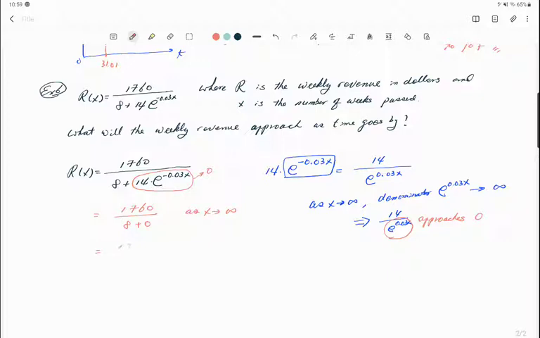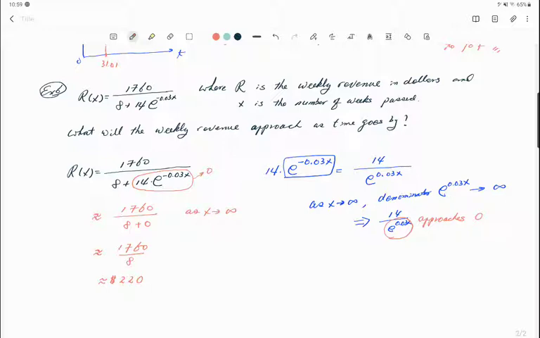So that is equal to 1760 over 8. Actually it's approaching, so it's approximately, right? That is what? 220. So the revenue approaches $220.